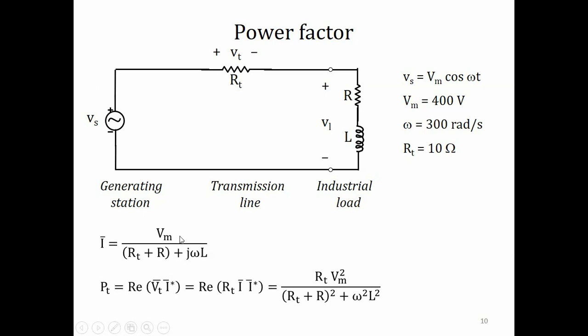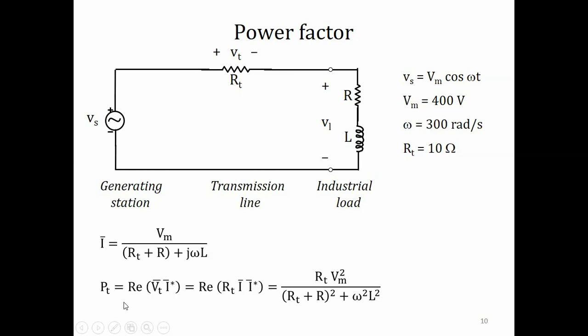Okay, so for this circuit, we write the current in this mesh simply as Vm by RT plus R plus j omega L. All right, because Vs is Vm cos omega t, so the phasor is only Vm. The impedance is RT plus R plus j omega L. And then I'm finding the power consumed by the transmission line, the RT.